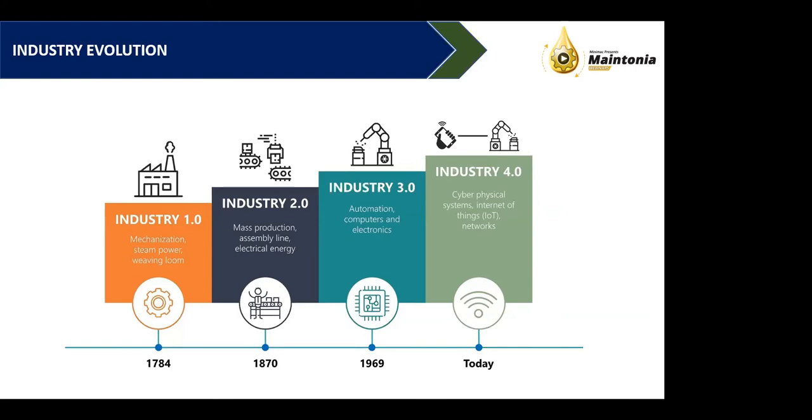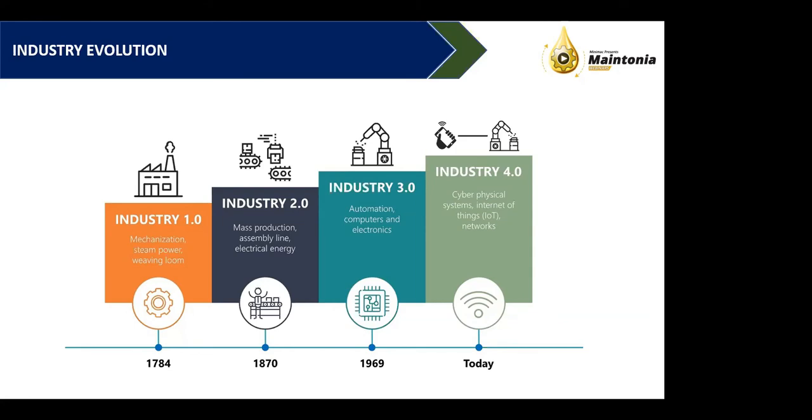So after the industrial revolution, that was Industry 1.0. Starting from that point, we started our journey. It was not structured or framed, so we were not aware of that generation number, like 2.0 or something.